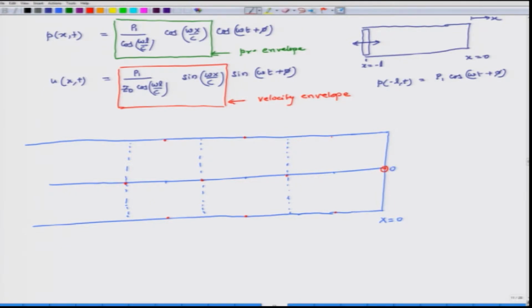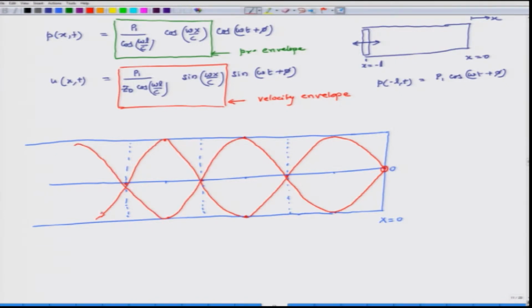So, my curve is going to look like this. So, this is my velocity envelope.